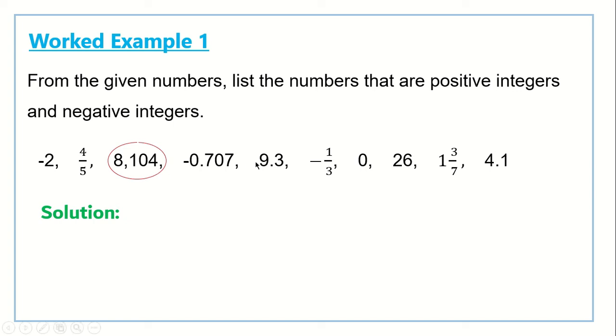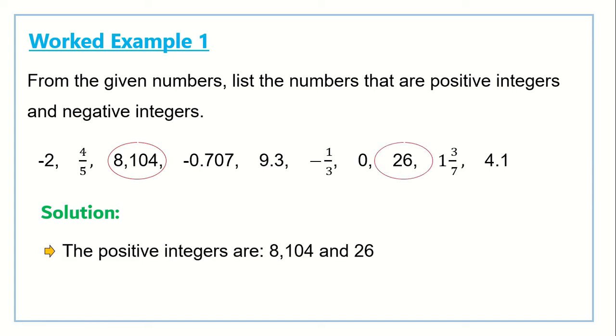Then we have also got 26. Okay? So this means that the positive integers are 8,104, then 26. Now, for the negative integers, we have got negative 2. Okay? Now, you can see we have got a 0. Note that 0 is not positive and it is not negative. Okay? I hope this is understood very well.